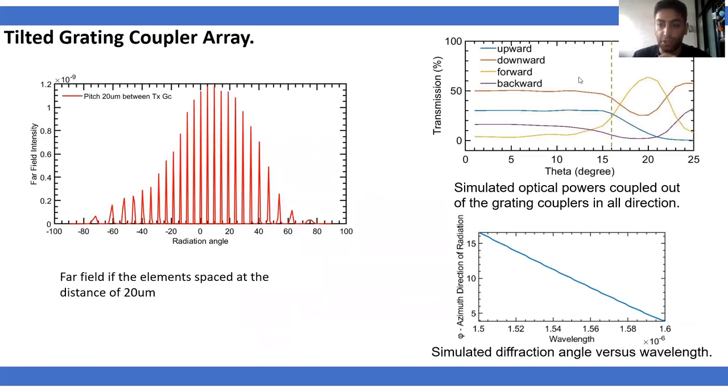And here are the simulated optical powers coupled into the grating couplers based on the angle of the slant. Also, the diffraction angle was simulated. When changing the wavelength, because in the system we are going to use a tunable laser, we can see that by changing the wavelength, we can also have steering in the azimuthal direction.